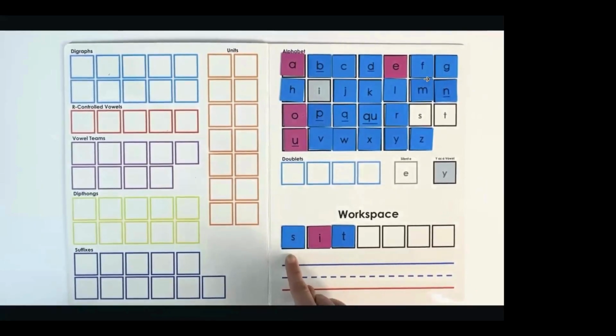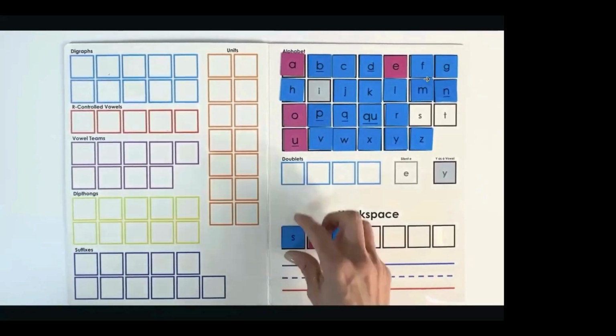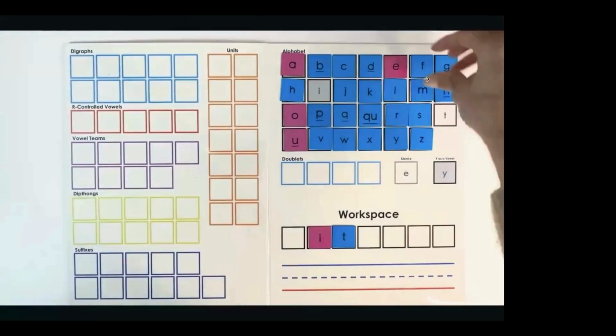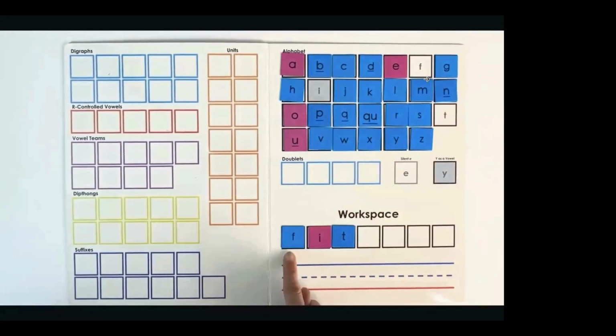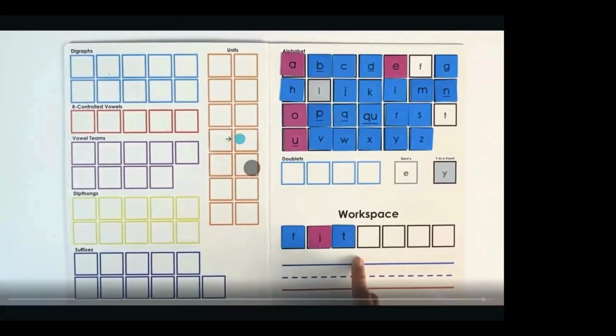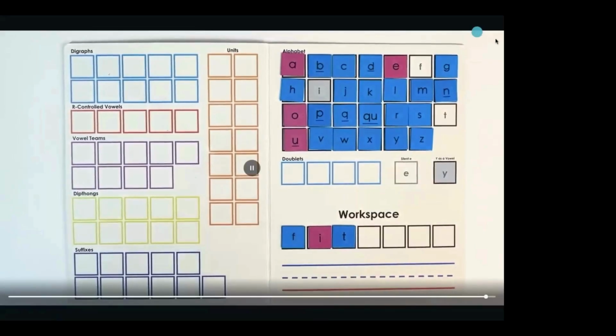What sound do we hear at the beginning of fit? I hear an F. So I'm going to change my word from sit to fit, and I've got it, fit. Good job. You did an amazing job building words, reading words, and spelling words.